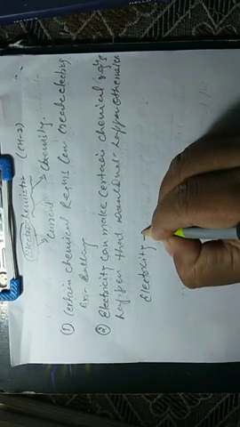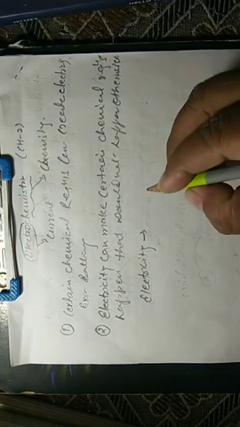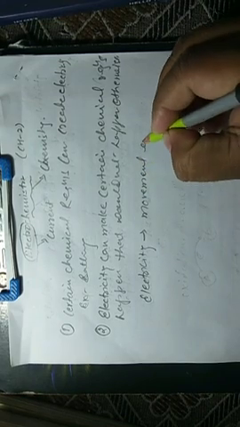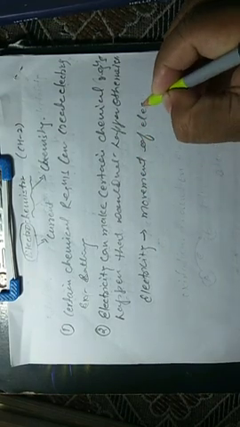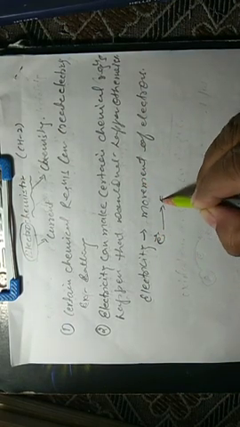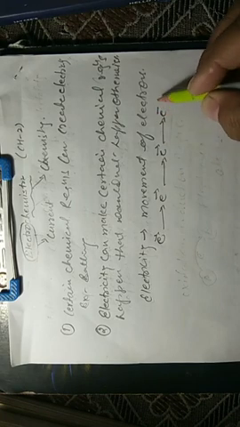Now electricity. What is electricity? As we know, electricity is simply a movement of electrons. Means electrons are moving here.